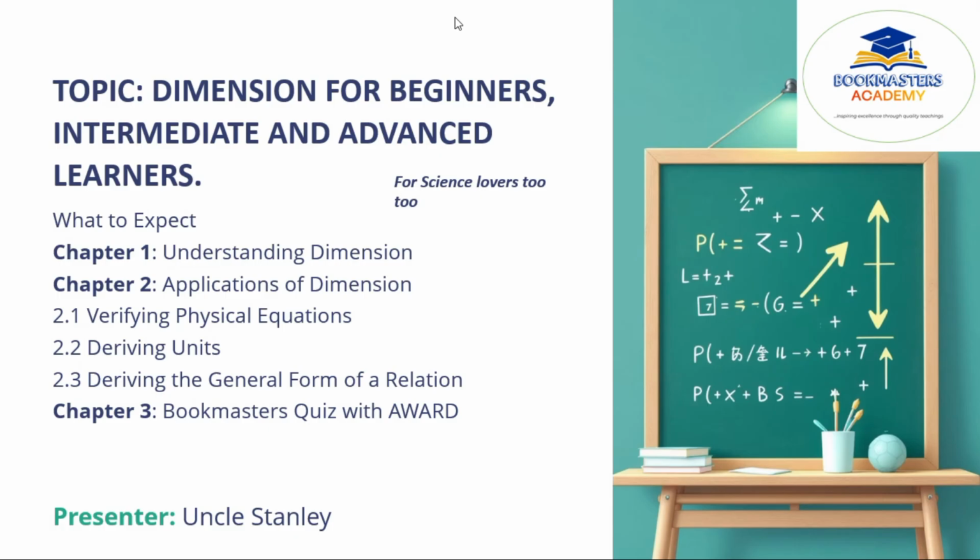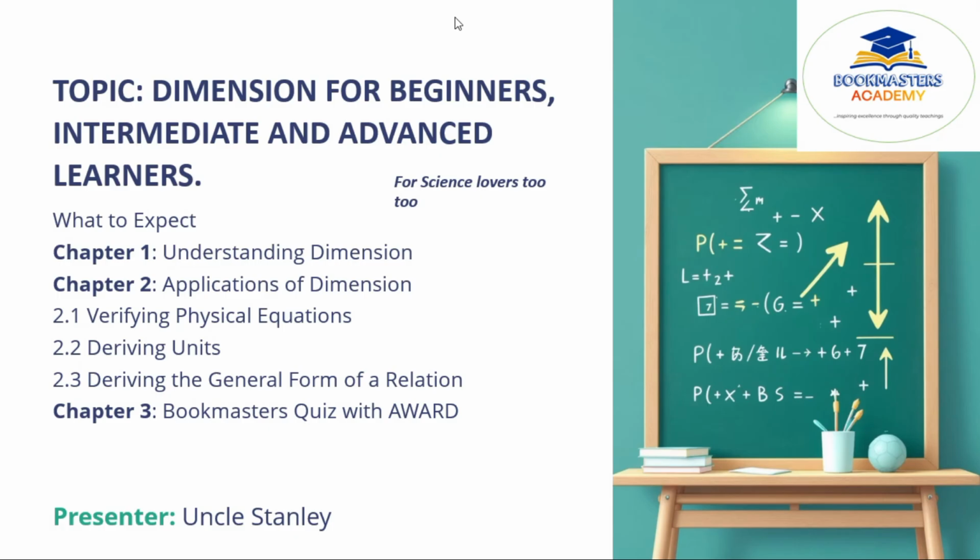In physics, you have so many physical equations, and people are deriving new ones every time. You really want to make sure these equations are correct, because any equation that is not dimensionally correct is wrong. It's not a good equation. So we want to know how we do this.